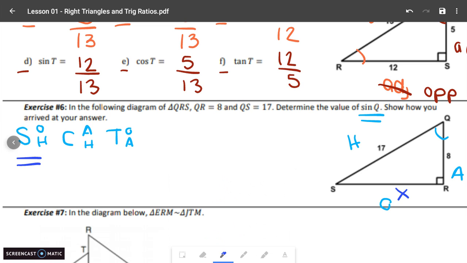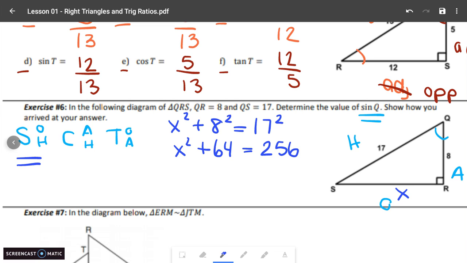So think about how we find a missing side of a right triangle, how we've done it all the way up until this point. Well, we use Pythagorean theorem. So I'm going to have x squared plus 8 squared equals 17 squared. And I'm going to go ahead and solve through that. We're going to have x squared plus 64 equals, I'm just kidding, sorry, that was 16 squared, 289.